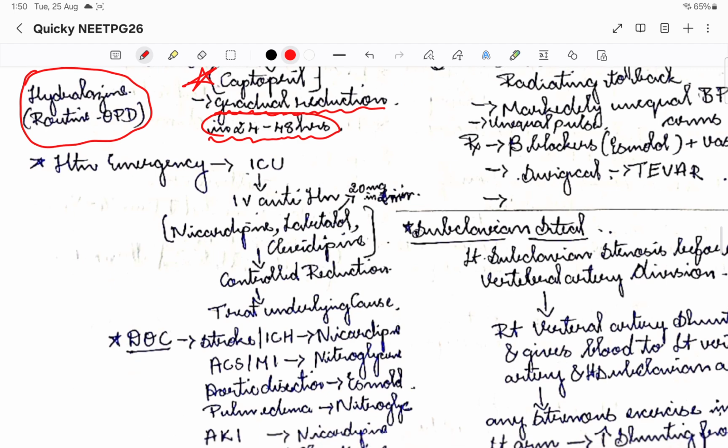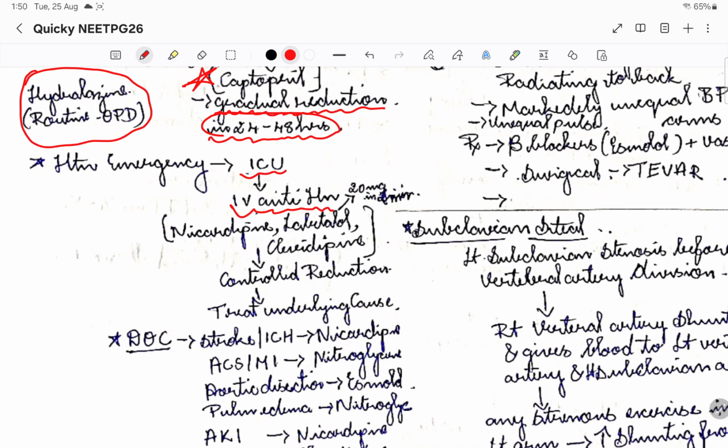Then coming to hypertensive emergency, it is an emergency situation, meaning there is end organ damage happening; the kidney might have failed or some stroke might have happened. That is why we will be admitting the patient into the ICU and giving IV antihypertensives rather than oral.